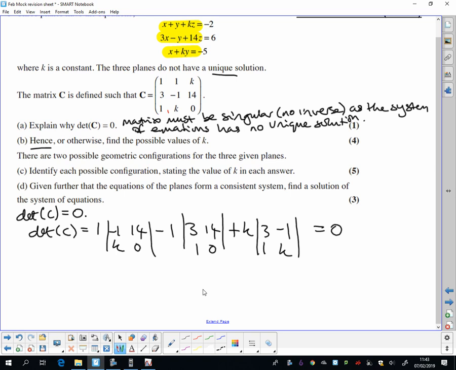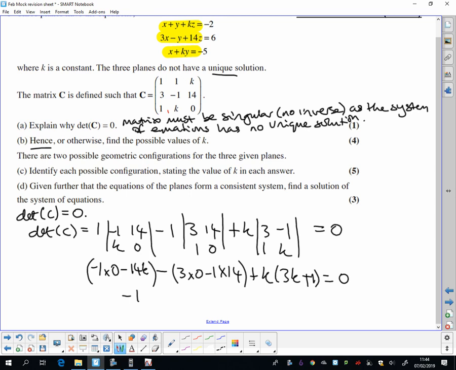So the determinants in the 2 by 2, so that's negative 1 times 0, subtract 1 times 4k. Subtract, so that's 3 times 0, subtract 1 times 4. And this is 3 times k, subtract 1 times negative 1.